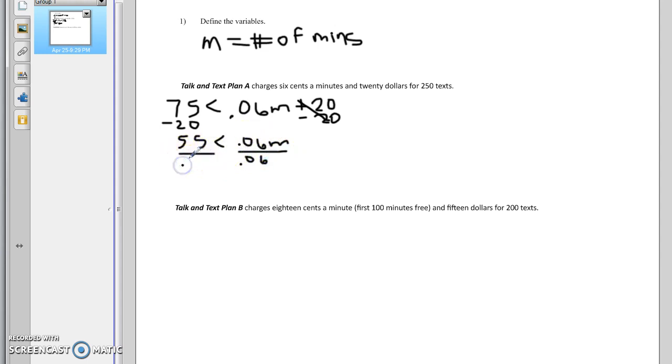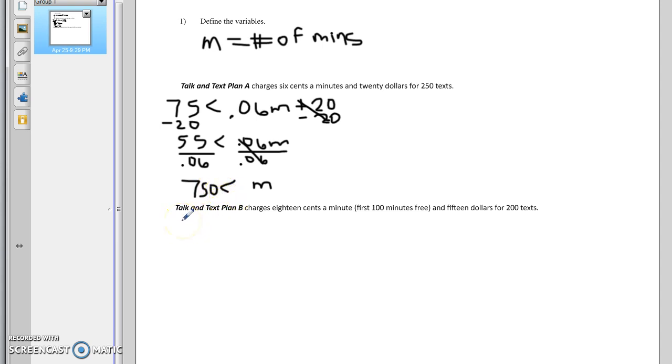So I'm going to divide both sides by 0.06. And when I do that, my M is equal to 750. What this means is that any message or any minutes beyond 750 will go over $75. But if I use 750 or less, I will stay under $75.